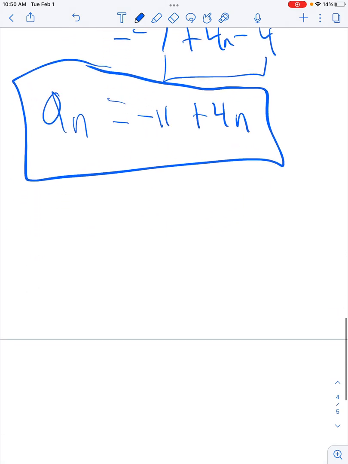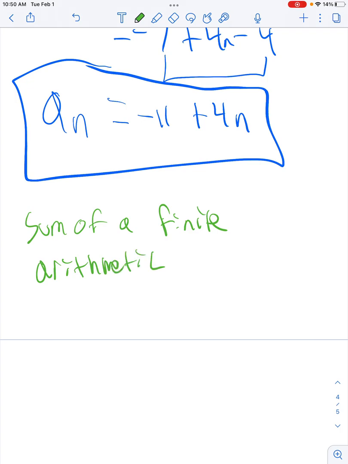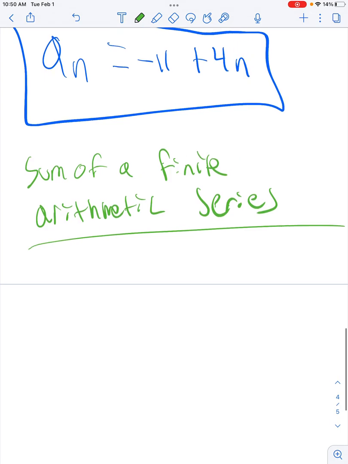Last thing is we have the sum of a finite arithmetic series.